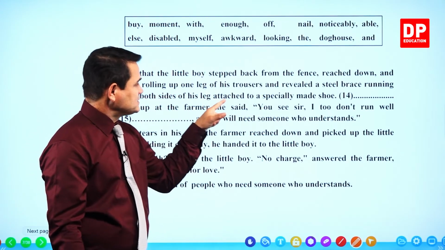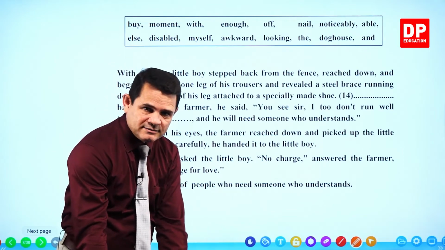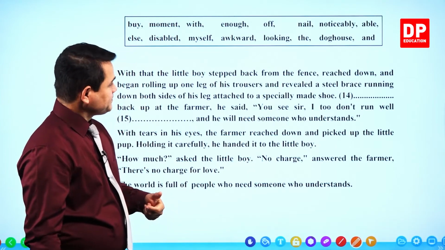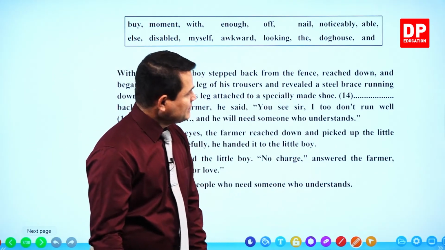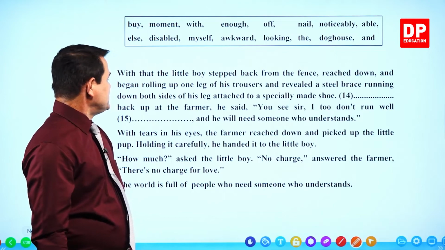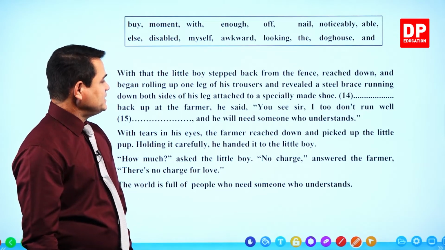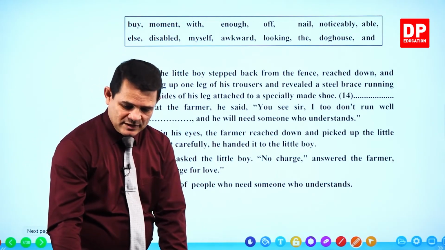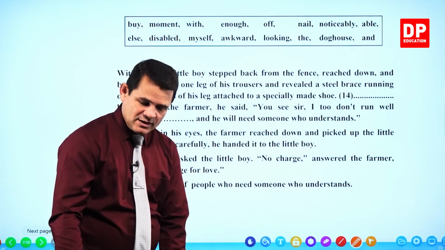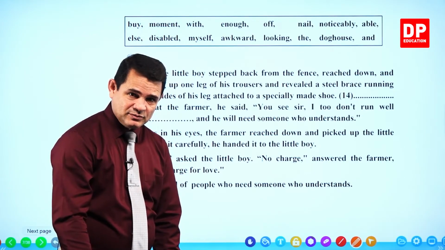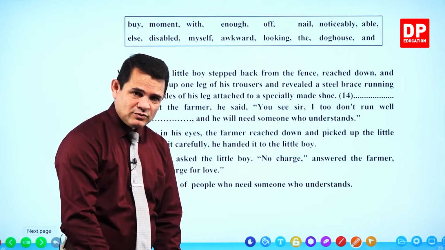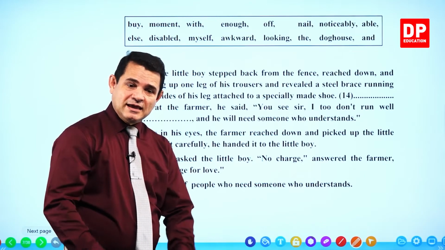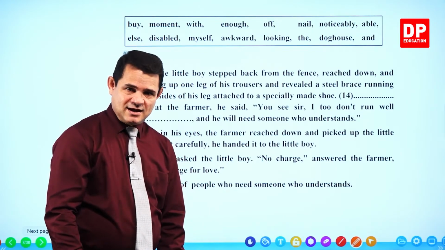Rolling up one leg of his trousers, he revealed a steel brace running down both sides of his leg attached to a specially made shoe.